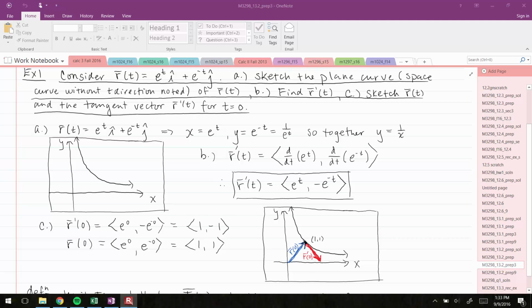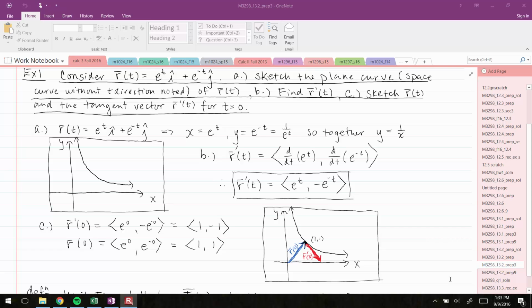So 1, negative 1 from that is representing our vector that's on the tangent line. That's another thing that should match up, your understanding of what the tangent line would look like here, and the tangent vector, or the derivative at that point, should be on there as well.